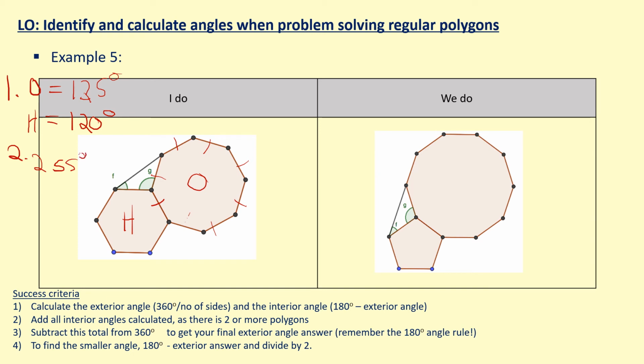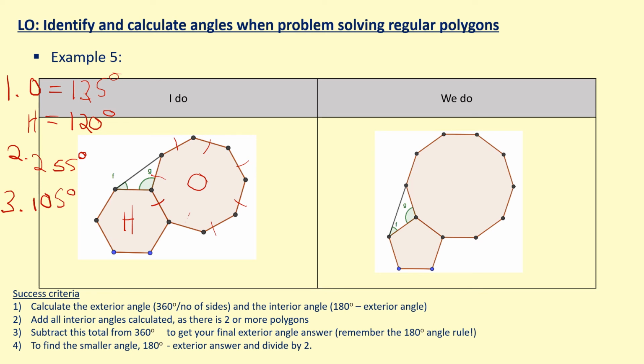I think this was back in example number 2, where we did this working out exactly the same. And then we have 3, where we take it from 360. So 360 take 255 is going to get 105 degrees.